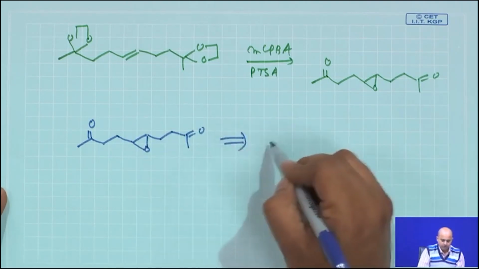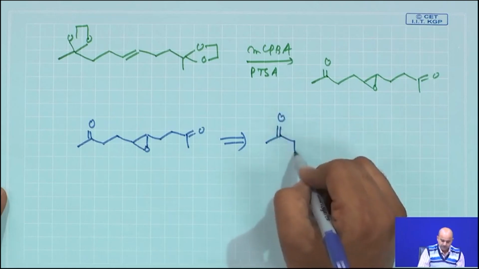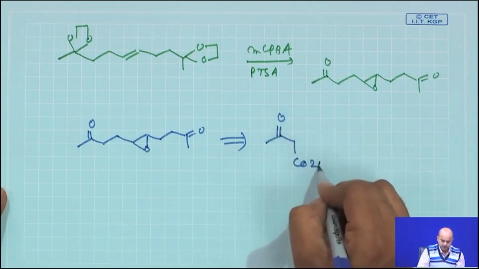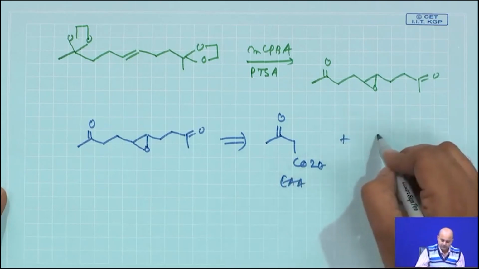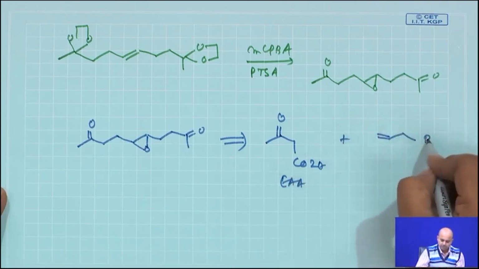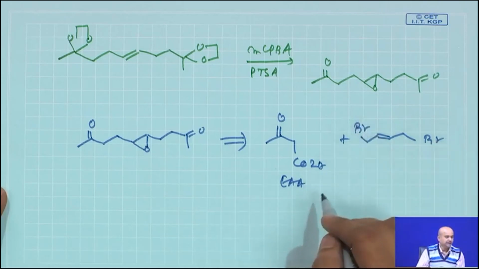This compound also can be synthesized by using this ethyl acetoacetate as well as the corresponding bromide by enamine alkylation.